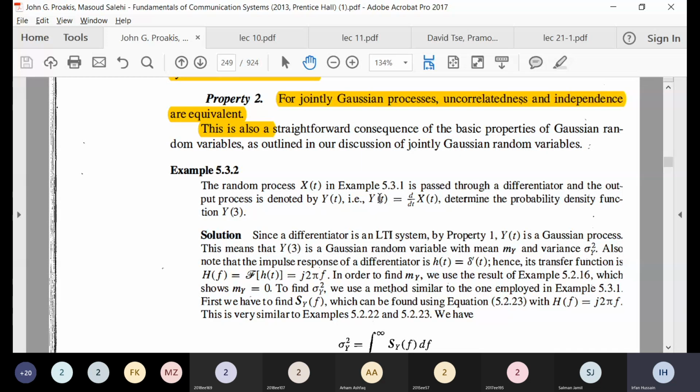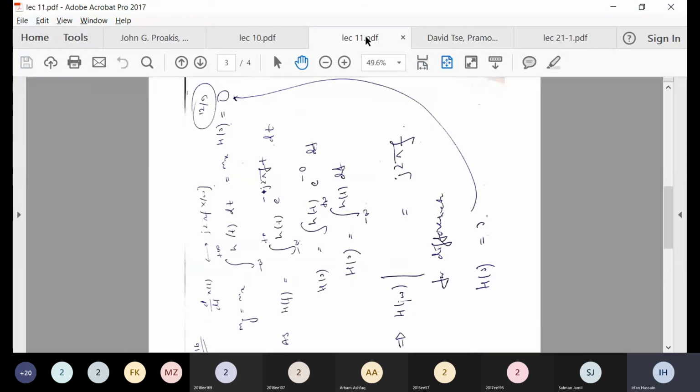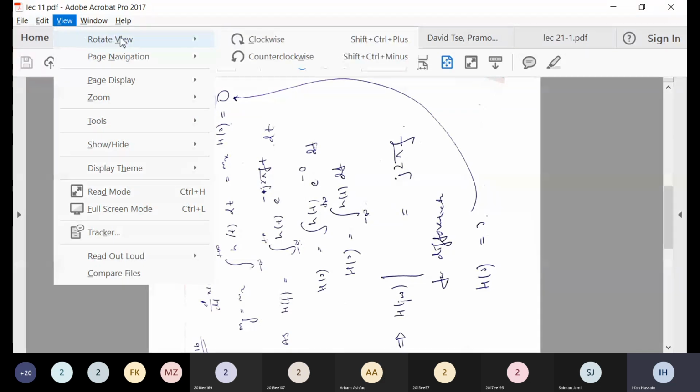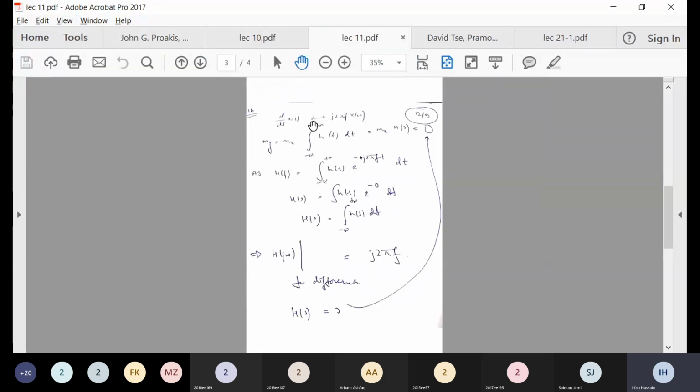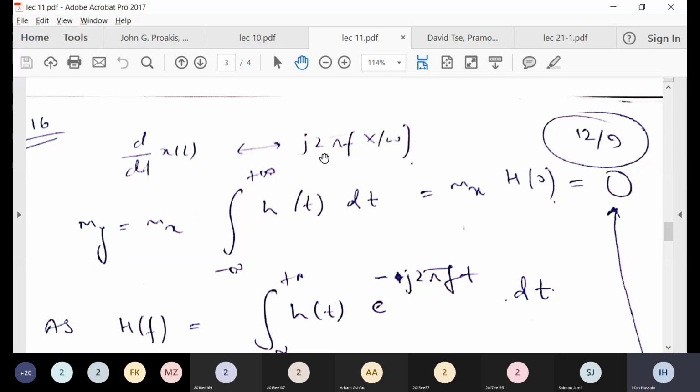From the PSD I can calculate the variance, but how can I calculate the mean of the output? We know the mean of the output was given by this formula. We know the differentiation Fourier transform is this, and the output mean is equal to the input mean times the sum of the impulse response.